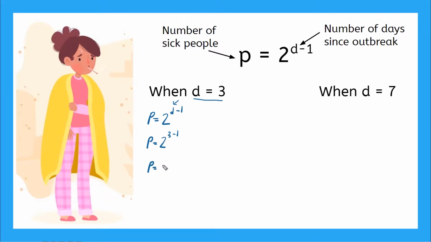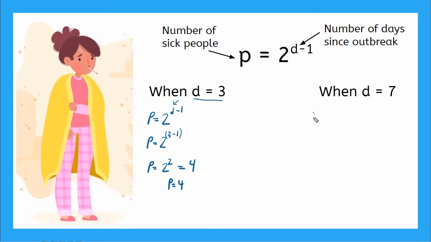P is going to be equal to 2, I'm going to put this in parentheses just to be clear. I need to do this little subtraction first. 3 minus 1, that's 2. So 2 squared, to the second power, that means 2 times 2 is going to be 4. So this tells me P is equal to 4. The number of people that are sick is 4 after 3 days, or 3 days after the first person got sick.